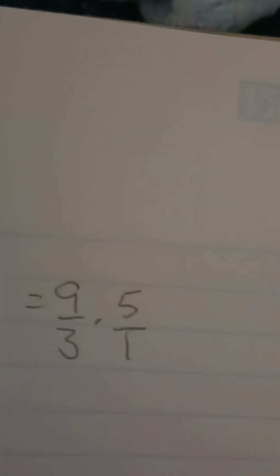Now, when I do that, it's obvious how I can simplify this, right? 3 goes into 9 3 times, and it goes into 3 one time. So that simplifies to 3 over 1. And 3 over 1 times 5 is 15. So 15 is my solution.